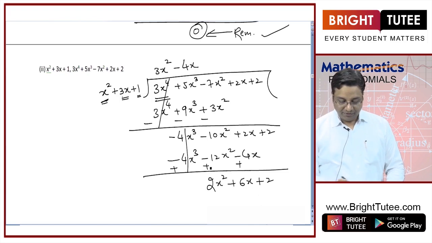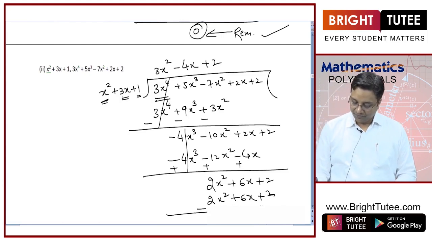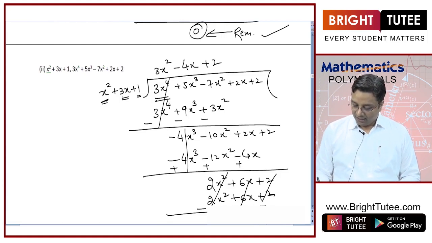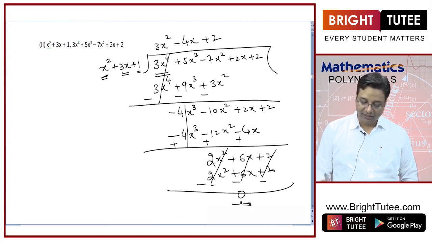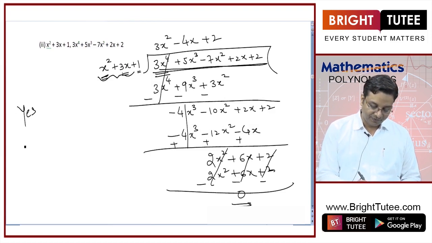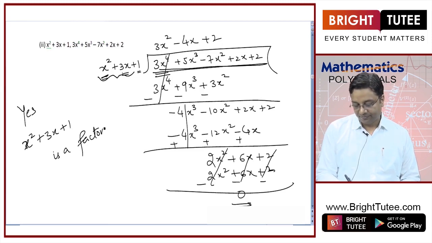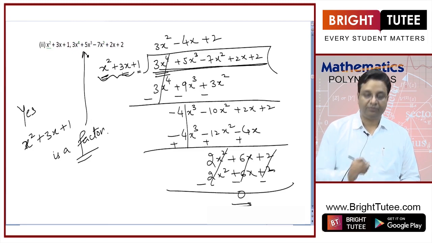Now you can see that if I multiply it by 2, it will give me 2x square plus 6x plus 2, right, which is the same expression. So it gets cancelled and gives me 0 as my remainder. Now if 0 is a remainder, then I can say that the divisor is a factor of the dividend. So yes, x square plus 3x plus 1 is a factor of this polynomial.